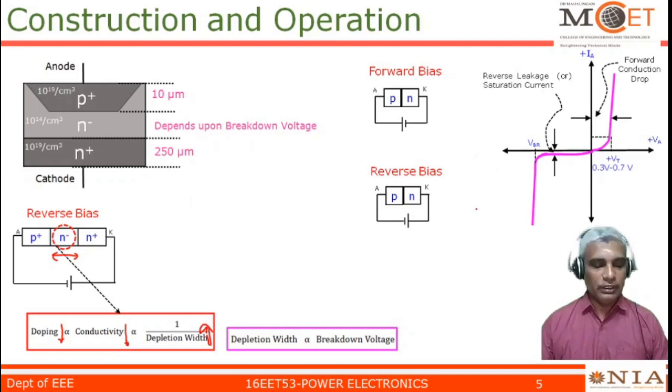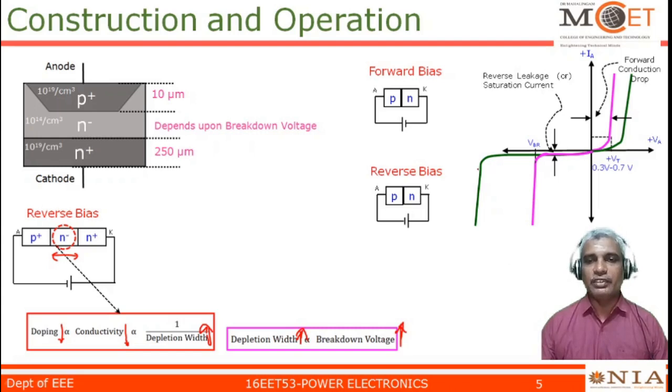So this is how the voltage withstanding capability of the power diode is achieved. You can see that the voltage withstanding capability of the power device is increased because of this N- layer. The N- layer is lightly doped, so conductivity decreases, depletion width increases, and the breakdown voltage of the device also increases.